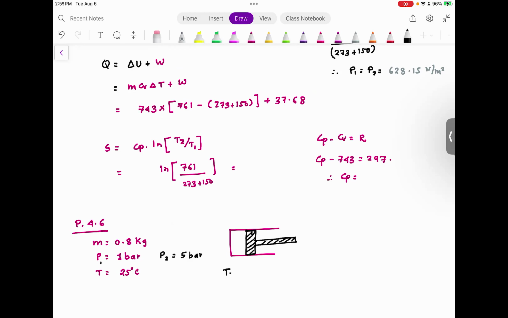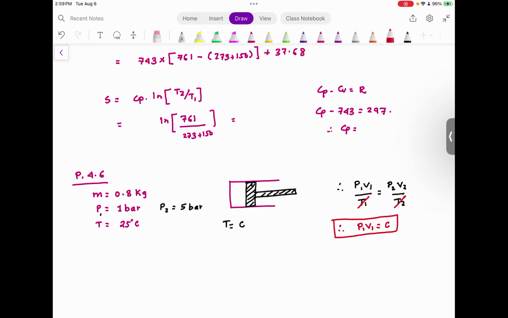So T is equal to constant. Now when you have T is equal to constant, P1 V1 divided by T1 is equal to P2 V2 by T2. Since T1 is equal to T2, this goes away and the equation is given as P1 V1 is equal to constant. So this is the constant temperature process.